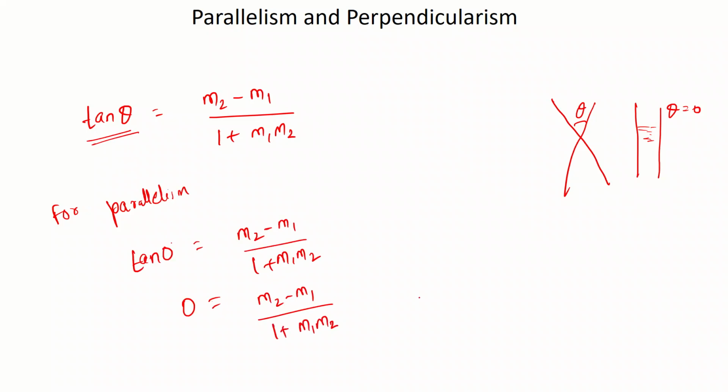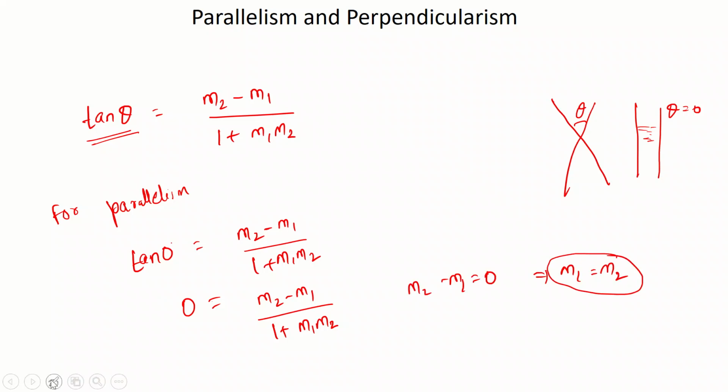If I cross multiply, I get m2 − m1 is equal to 0, which implies m1 is equal to m2. So if I want the two lines to be parallel, then their slopes should be equal. We have already discussed it intuitively, but this is actually a mathematical proof to show that if two lines are parallel, their slopes are indeed equal.